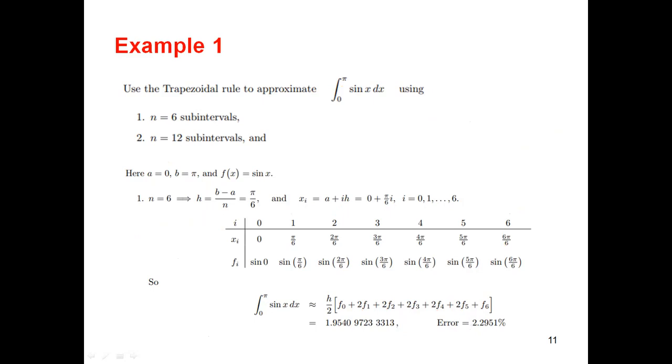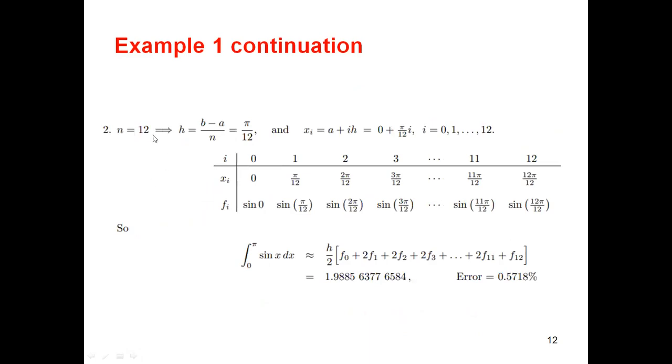We will be repeating the same procedure using 12. If you're going to use 12, your b minus a would still be pi, but your n this time is 12. So you're going to increment the x value not by pi over 6, but by pi over 12. You're still going to start with 0.